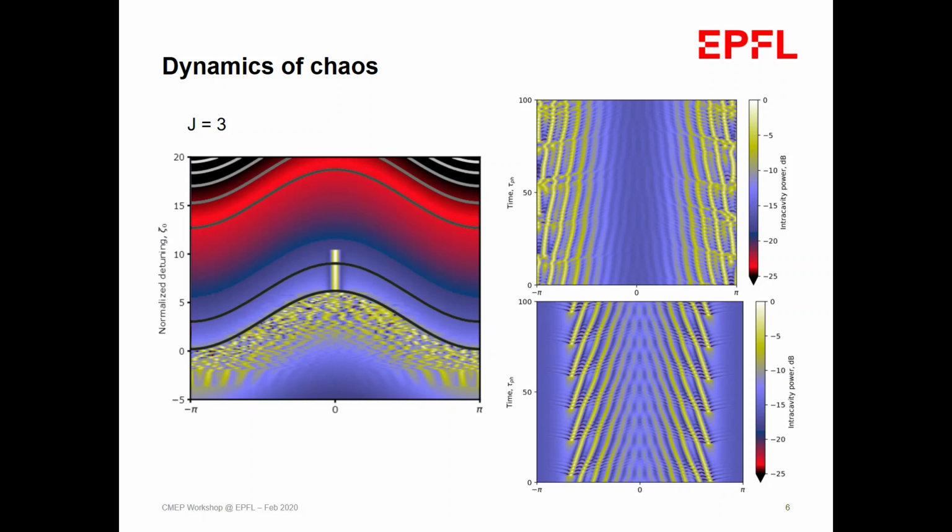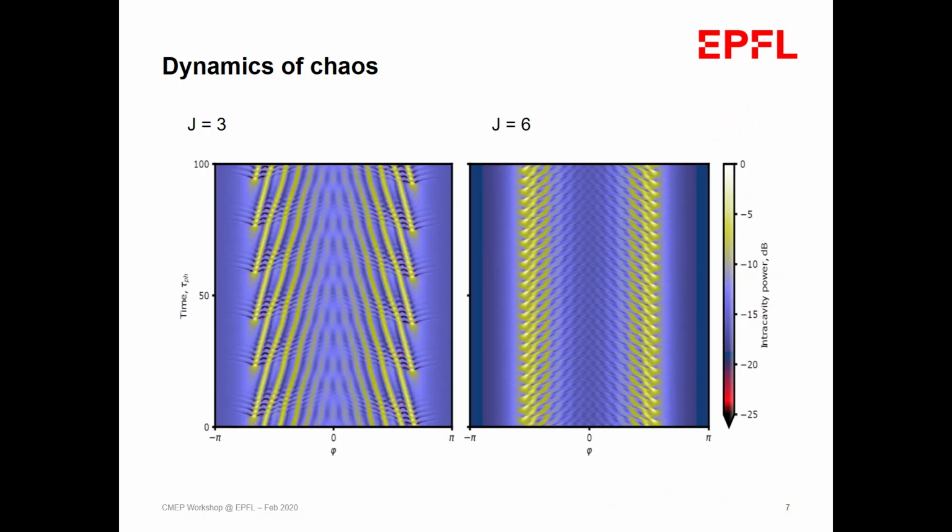But what's going on if we increase the coupling strength, so we increase the depth of our potential? This dynamics becomes more stable, in fact. And we'll see that we can obtain new stable states in this system.